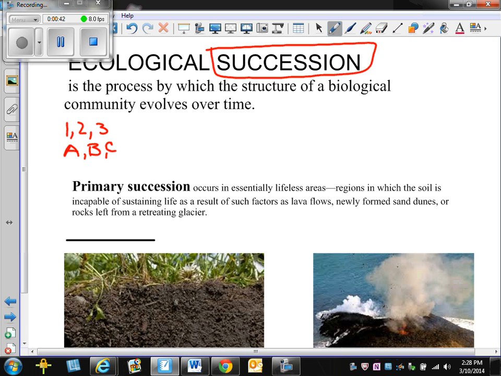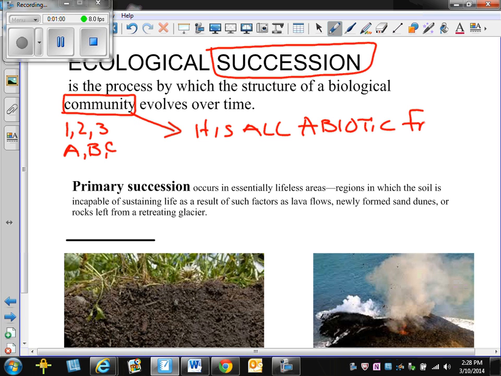The other word we need to define up here, and you've heard it many times before, is community. So what is a community? It is all the abiotic factors in an ecosystem, plus all living things.